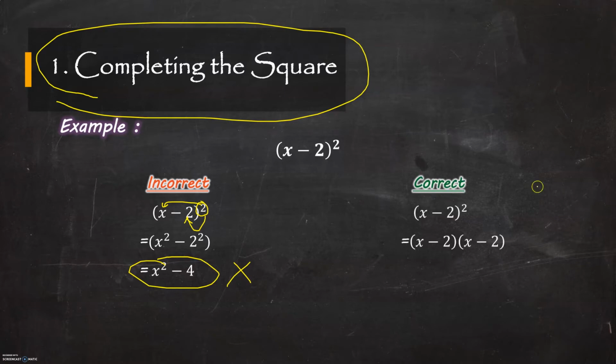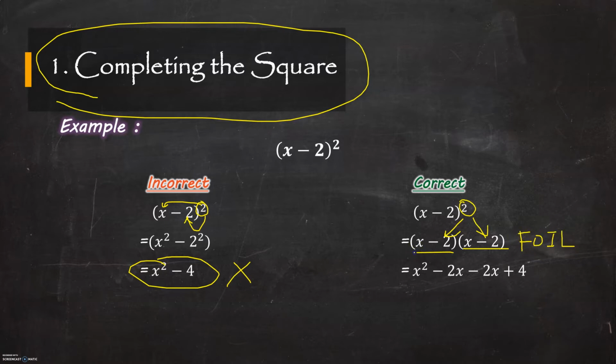We can correct it by first expanding the square into two identical parentheses, since here's a square. And after that, we can apply the FOIL method. F stands for first, O stands for outer, I stands for inner, L stands for last.